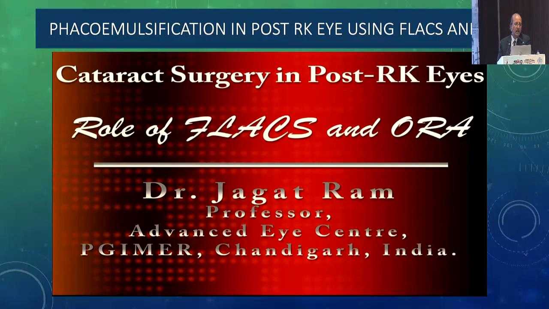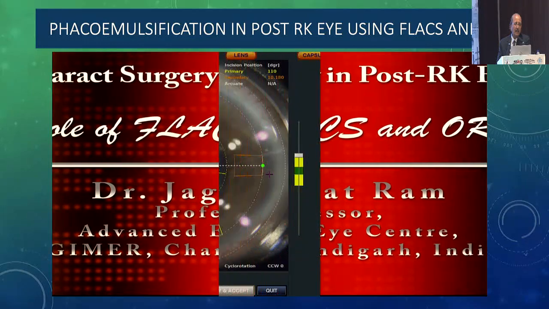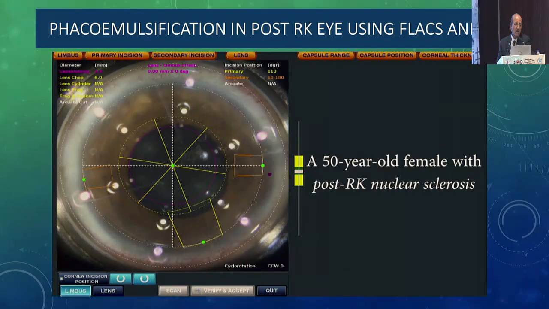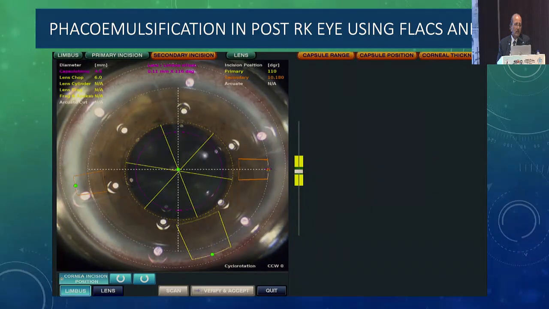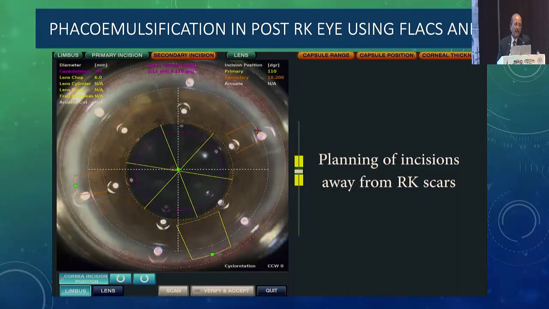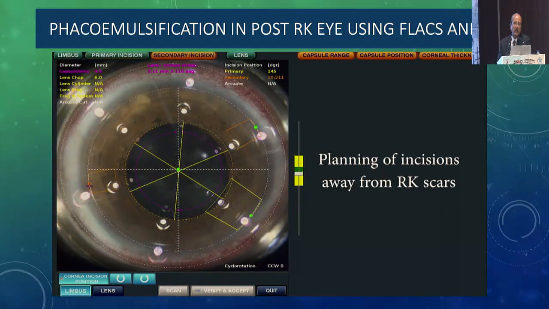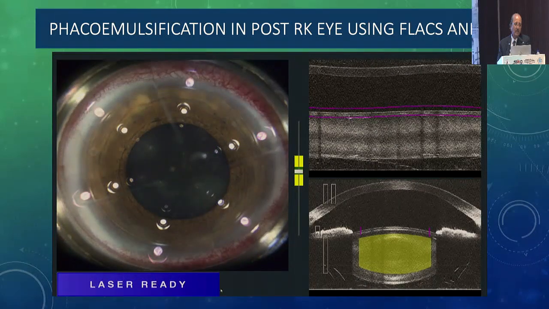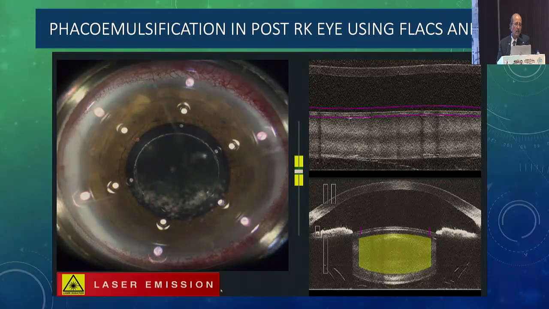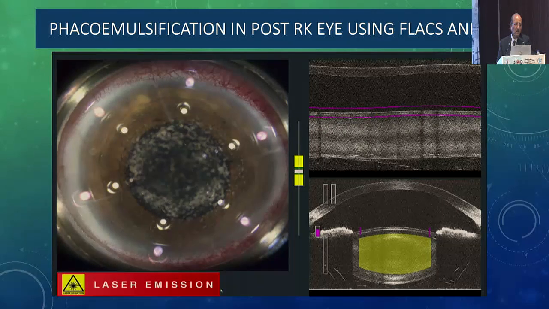And probably this is the last video, cataract surgery in post-RK eyes. We have to plan where to place the incision, so that adequate space remains between the two incisions, and where to place the side port incision. Then femtocapsulotomy and emulsification.